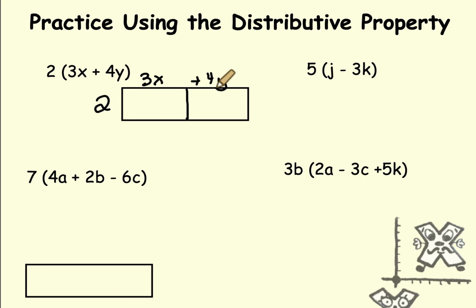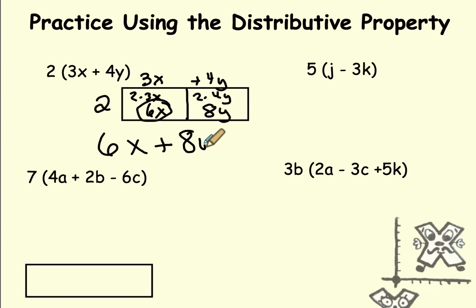Now I'm going to do 2 times 3x in this first box, which gives me 6x. Then I have 2 times 4y in this box, which gives me 8y. So my distributed value is 6x plus 8y.